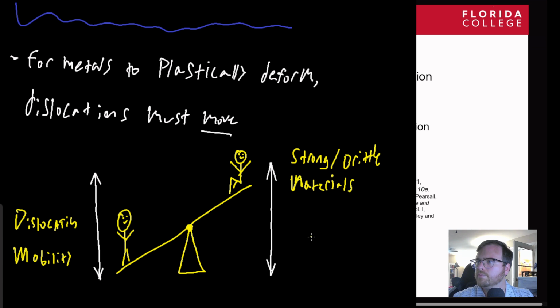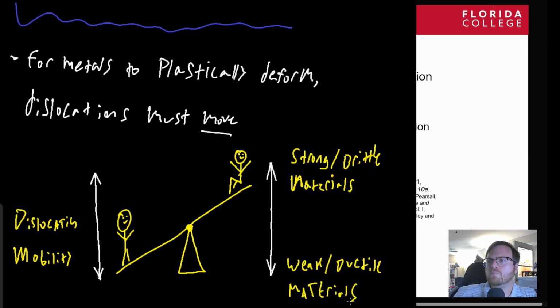Strong but brittle. And then on the bottom, we have weak and ductile materials. Weak or ductile. So, if we want a material to be strong and brittle, we want to find ways to decrease the dislocation mobility through the crystal structures.